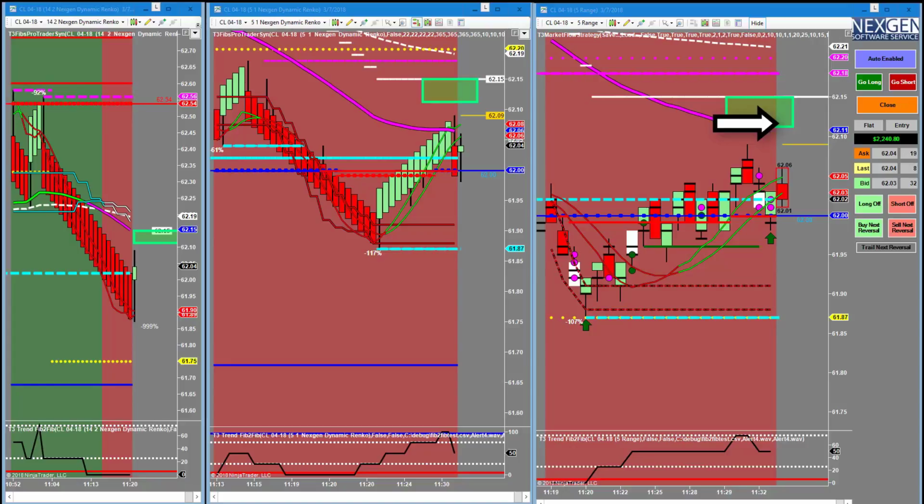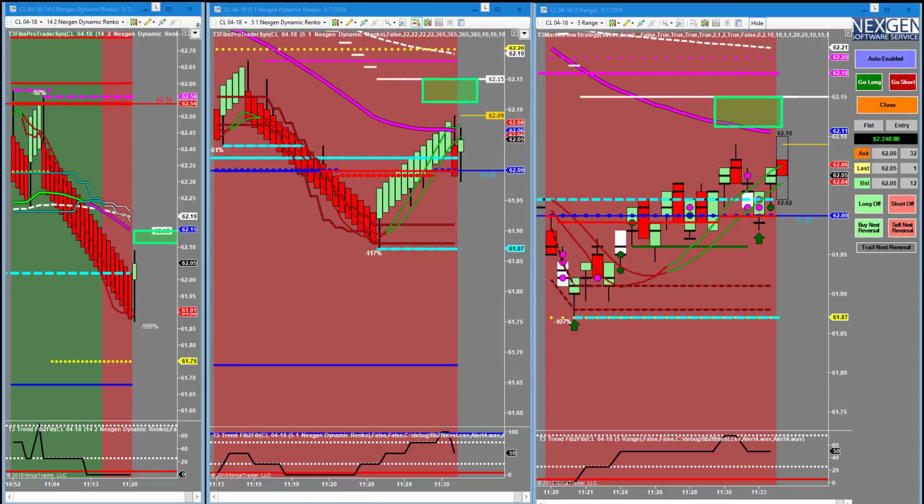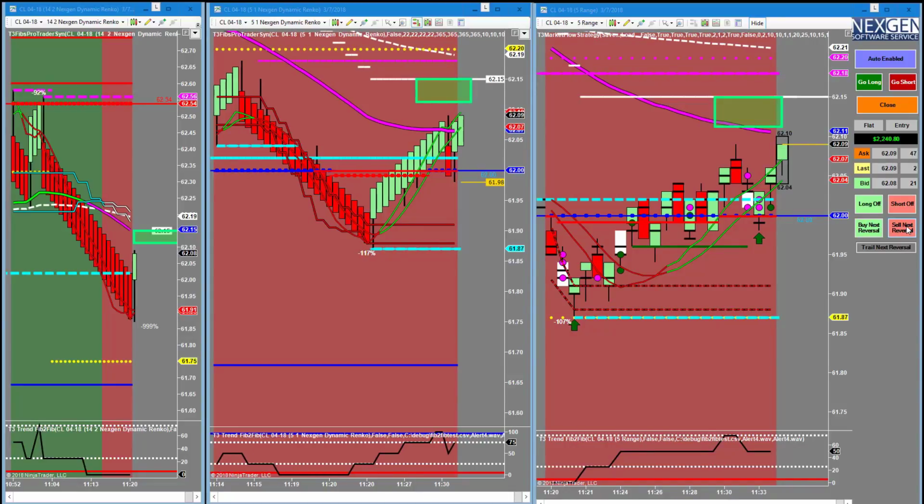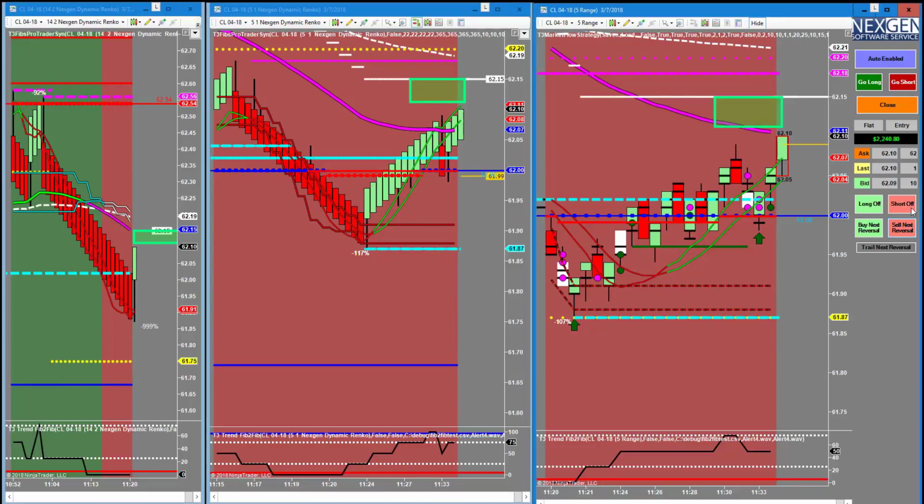So again, it's ultra, ultra, ultra tempting to try to go short at the midband on the 5-1 chart. However, the small trigger lines on both our range and 5-1 chart tell us we're going higher. And then when we actually go up to the right spot and much closer to the last spot, now we actually turn on the strategy.